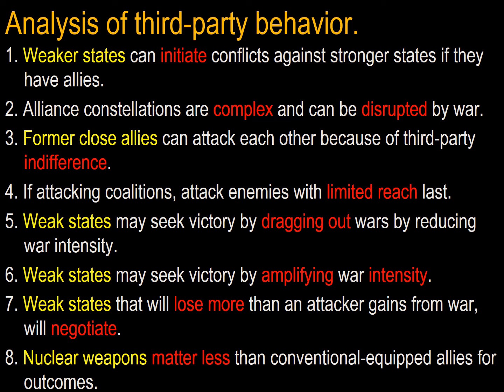Weak states may seek victory by dragging out wars by reducing the intensity of the war. 6. Weak states may seek victory by amplifying war intensity. 7. Weak states that will lose more than an attacker gains from war will negotiate. And 8. Nuclear weapons matter less than conventionally equipped allies for determining war outcomes.